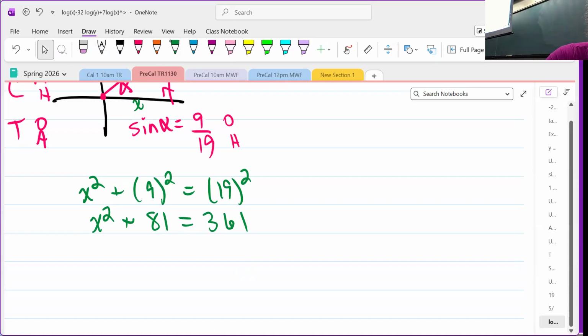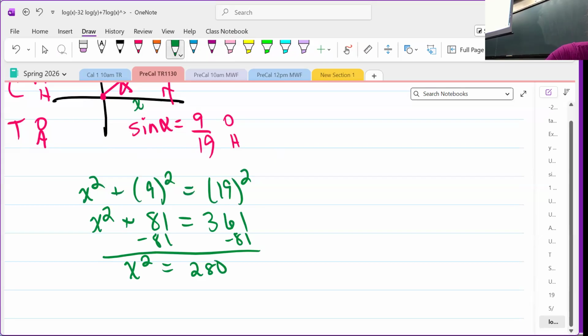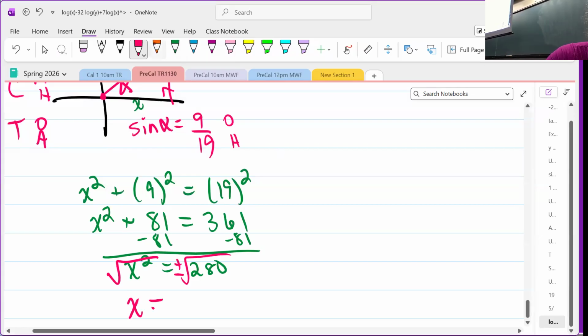And then we minus the 81. So that gives us an annoying 280. And then we square root both sides, and we have to answer our plus or minus question. Because we're in quadrant 1, we're going to keep the positive square root.